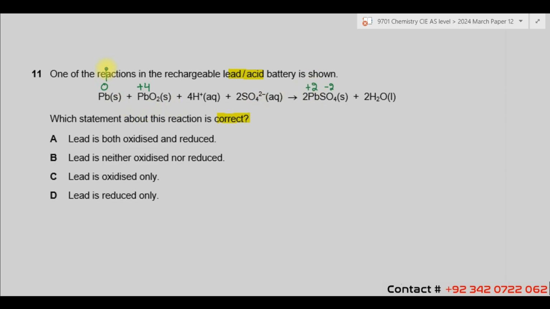So 0 to +2 is oxidation, and +4 to +2 is reduction. So lead is both oxidized and reduced. As we have 2 moles of lead sulfate, 1 mole of lead is oxidized into lead sulfate, another mole of lead oxide forms another mole of lead sulfate, which is reduction. Correct answer is A.